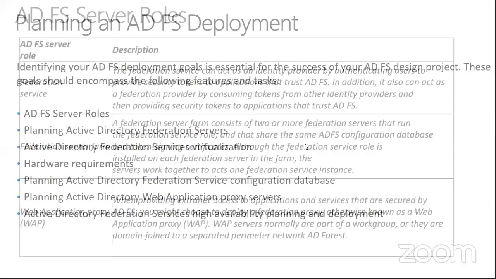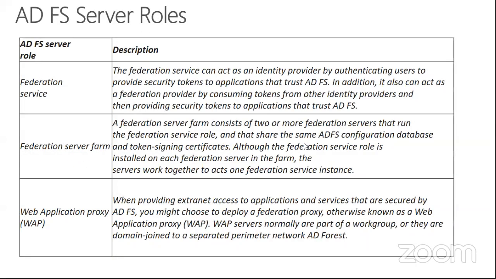because, as I said, there are multiple roles. Federation service is the ADFS service, the component that acts as an identity provider by authenticating users and providing security tokens to applications which can trust ADFS. Then we have an ADFS server farm, which is a combination of multiple ADFS servers running the federation service role.